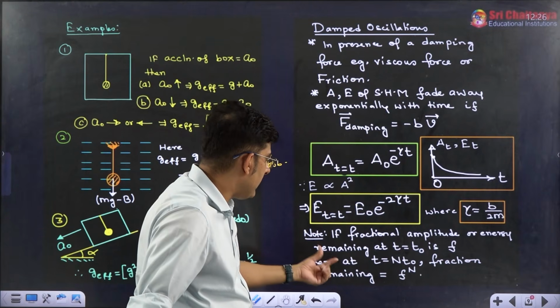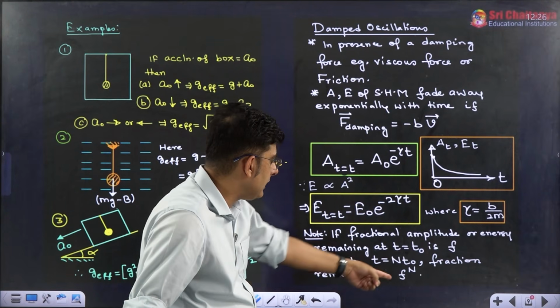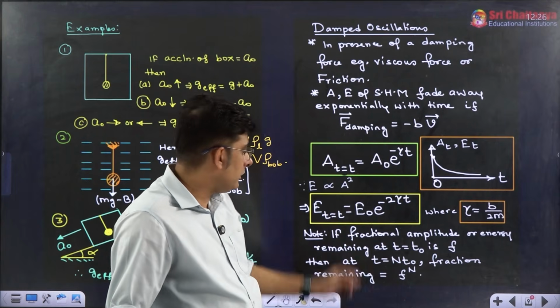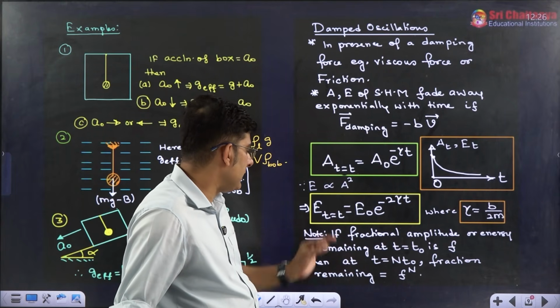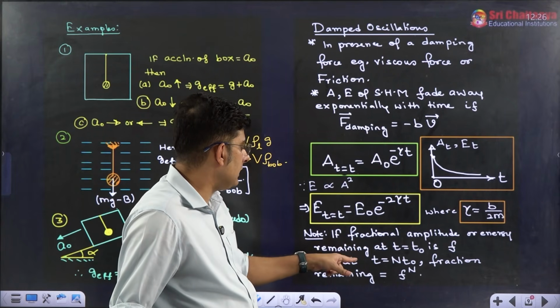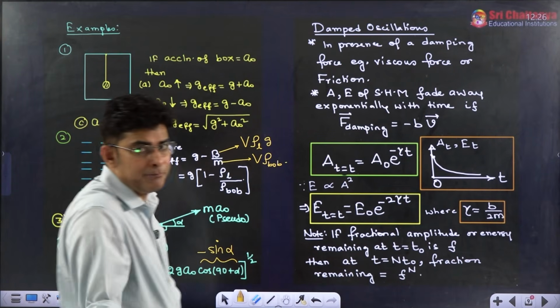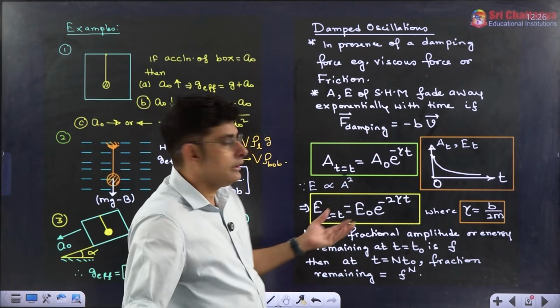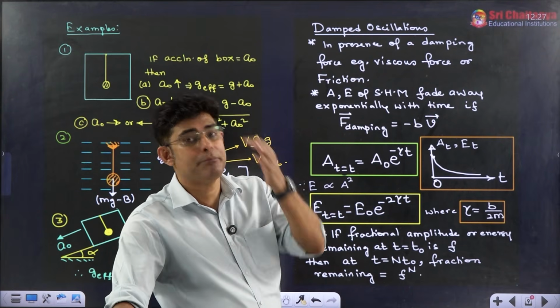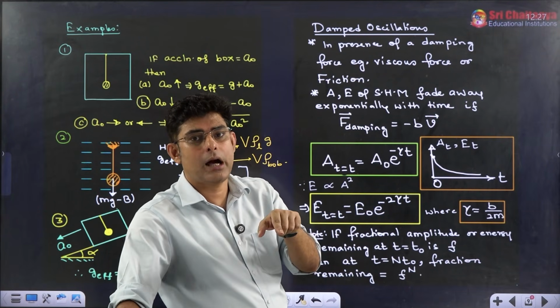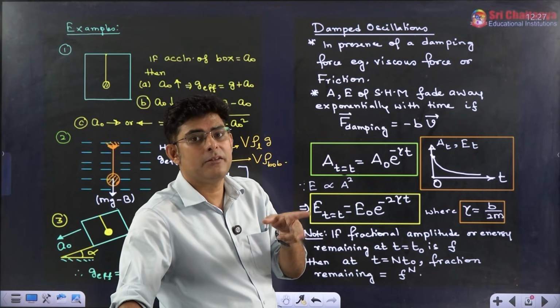So that way we can say that the fraction remaining will be f to the power n after n t naught time. In t naught time, if the fraction remaining is f, then after n t naught time the fraction remaining will be f to the power n. Suppose in 2 seconds the amplitude became half, then in the next 2 seconds it will become half by half, so the fraction remaining is 1 by 4.